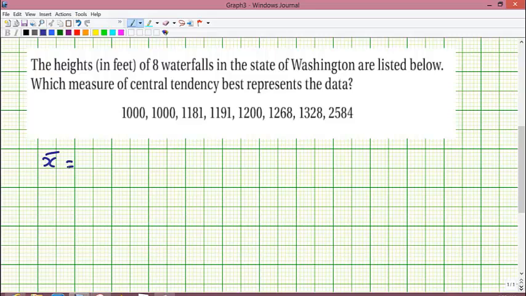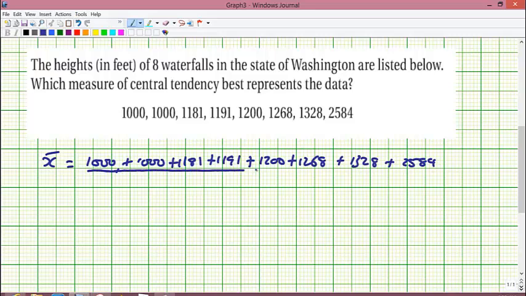So the mean would be everything added together divided by the number of values, which is 8. So our mean would give us 1,344 units, which is feet. Okay?